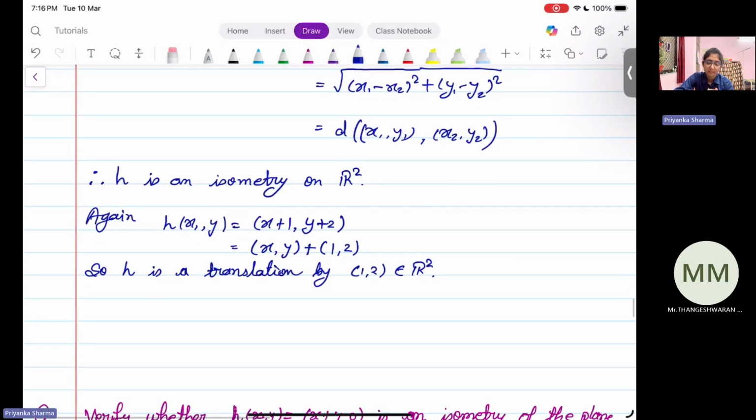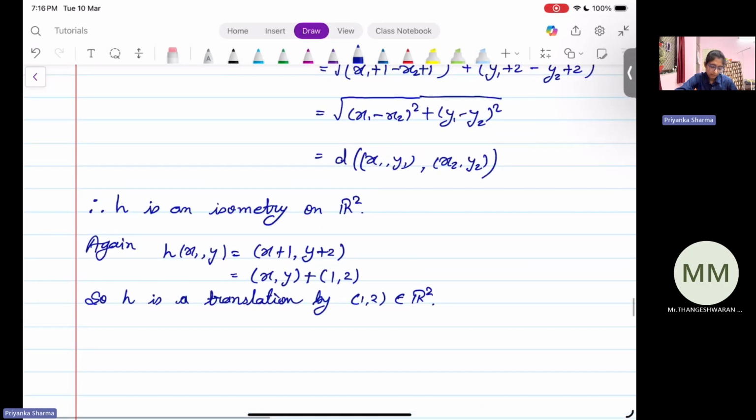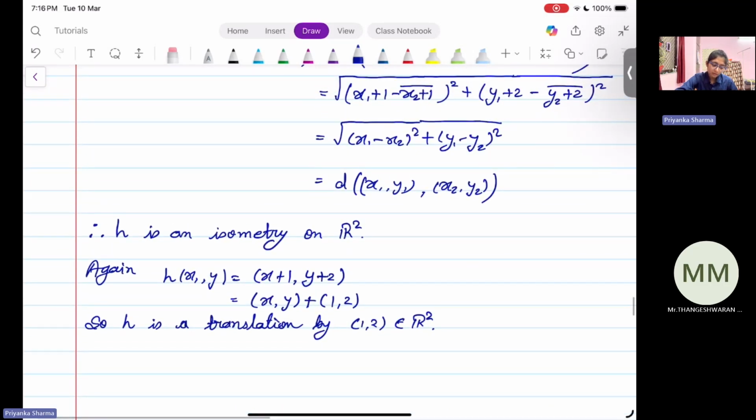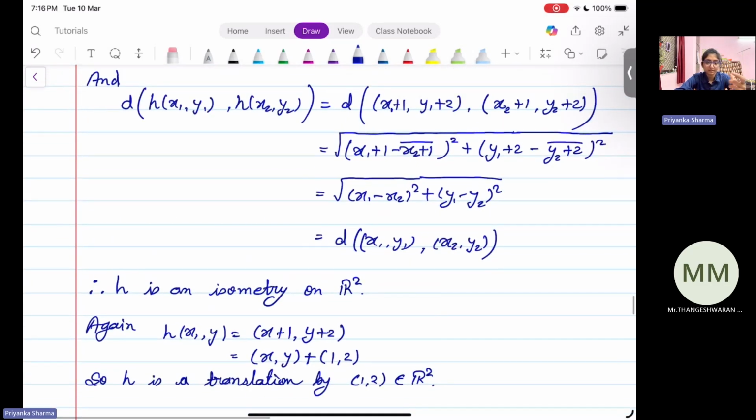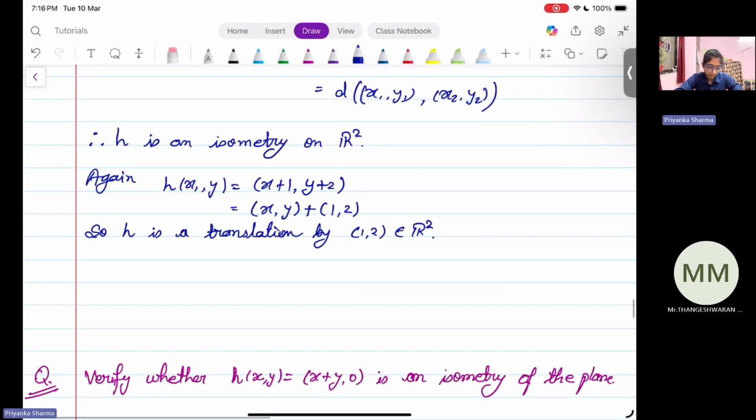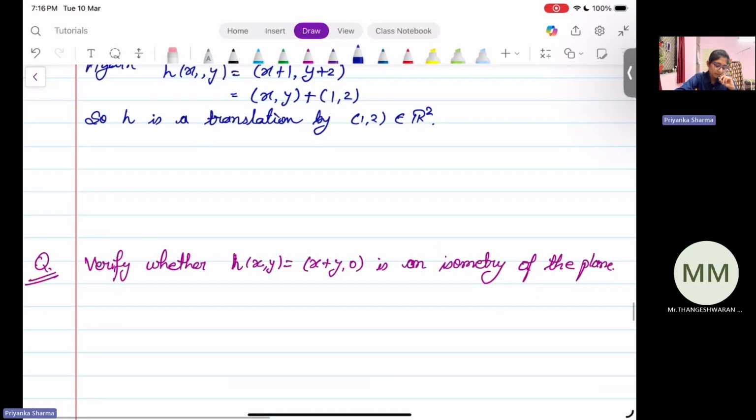So whenever an arbitrary map is given on R square and it is asked to check whether it is an isometry or not, you will find the distance between two points and then the distance between the images of those points. If these two distances are the same, then you would declare the map an isometry on R square. Okay. Now come to this.